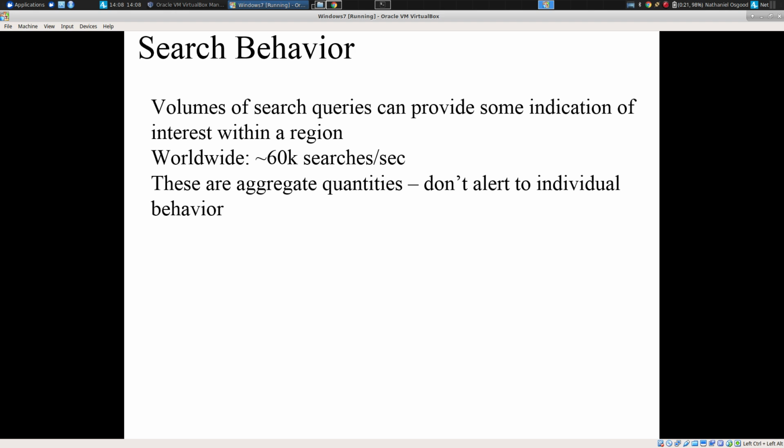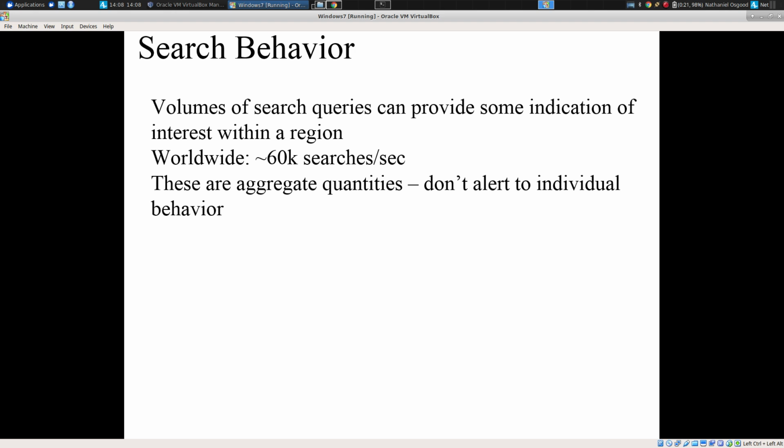Let's just take a look at a few of these. So if we consider search volumes, I argue that volumes of search data, searches for a particular term, can provide an indication of interest in that term or a term category within a region. And this statistic is probably a year or two old now, but at the time I created this slide, it's about 60,000 searches per second worldwide.